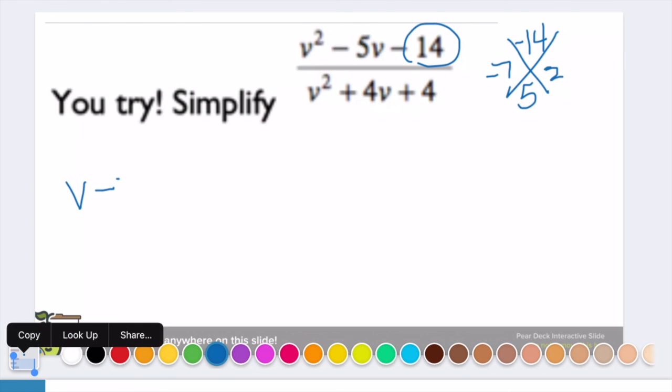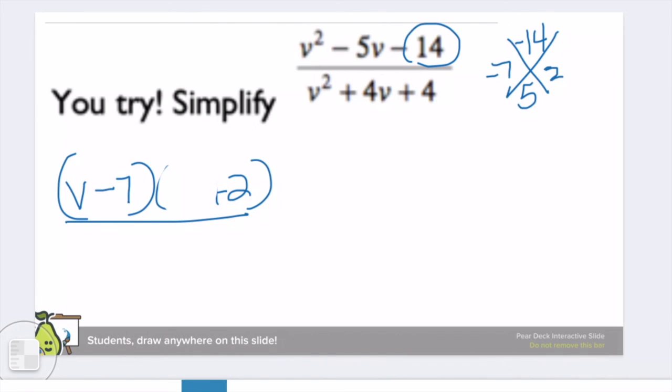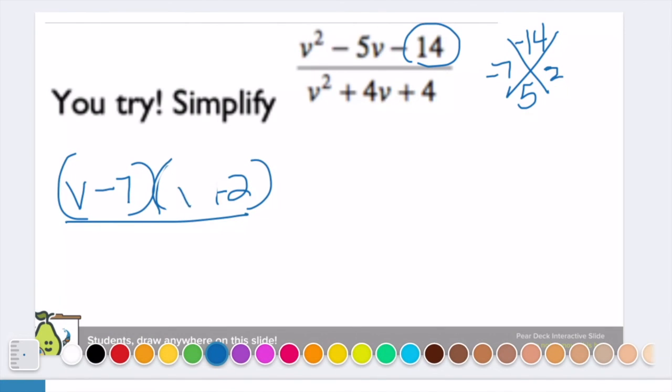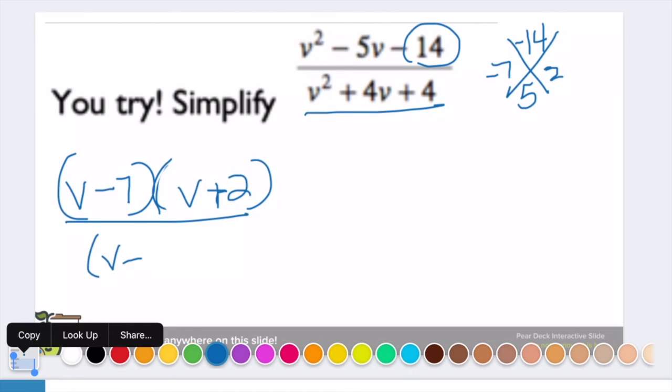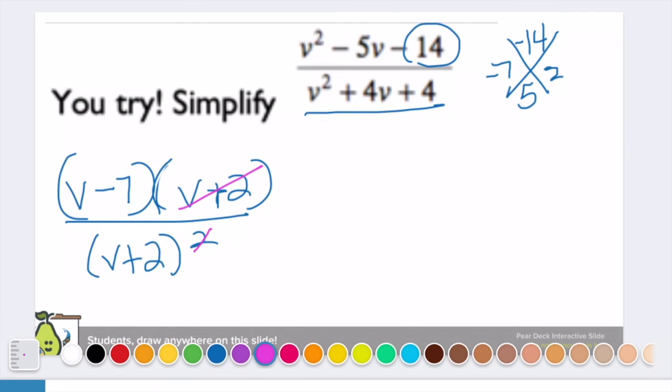So we'll have v minus 7, v plus 2 in the numerator. Just going to clean that up a little bit. And then in the denominator, we get v plus 2 squared. So only one of these v plus 2's is going to cancel. And we're left with v minus 7 over v plus 2.